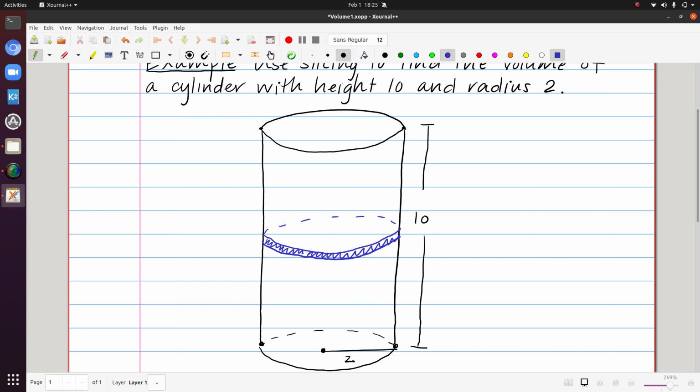If I think about my vertical variable here as h, then this thickness is going to be delta h. That has a very similar role to delta x that we saw with our original Riemann sums. To begin with, what I want to consider is finding the volume of one of these slices.